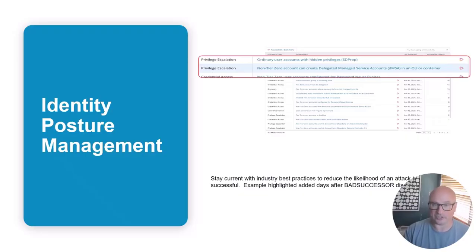Last year, there was a vulnerability nicknamed BadSuccessor, and within just a few days, we were able to create a finding. So any of our customers that had this behavior existing were made aware of it. This is helping out with your threat research. A lot of people are surfing LinkedIn and Twitter for the latest vulnerabilities. If it's identity related to Active Directory or Entra ID, we're doing some heavy lifting for you so we can bring that visibility to see if it's applicable in your environment.